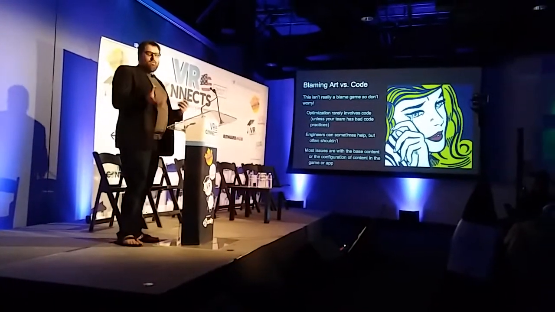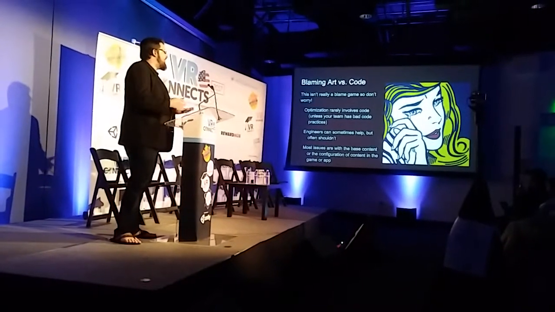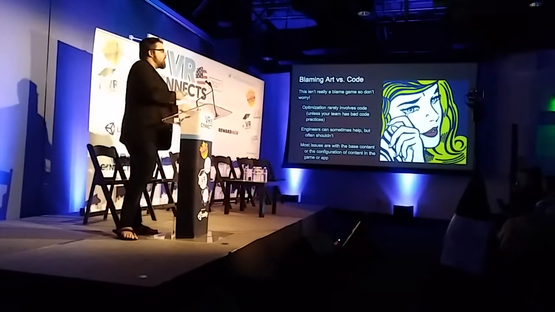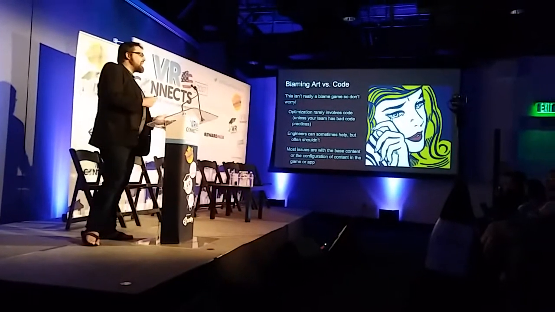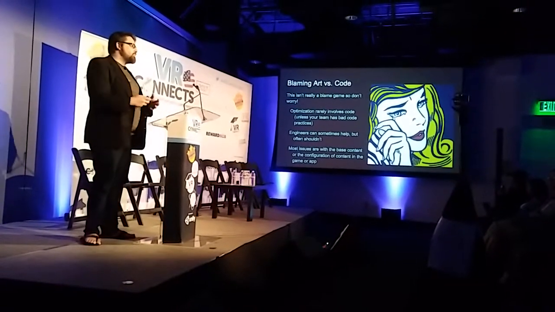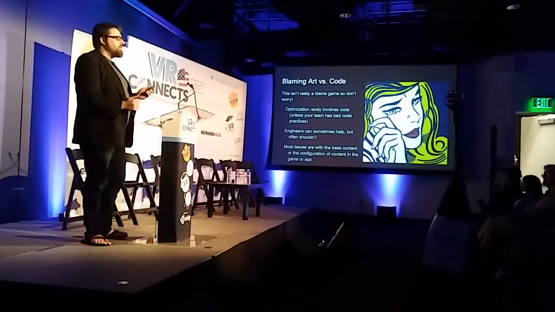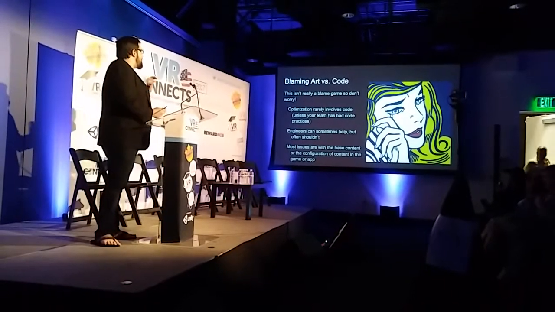But the main reason it's important to note is because I've worked on a number of teams where, when content optimizations need to happen, they pass it off to the engineering team to try to solve those problems and say, oh, hey, can you write a script that combines our assets together or optimizes poly counts or something like that.